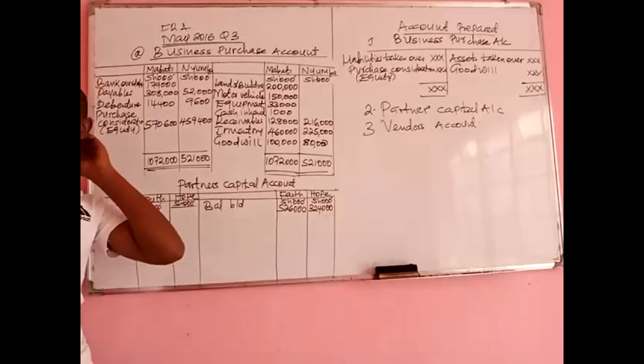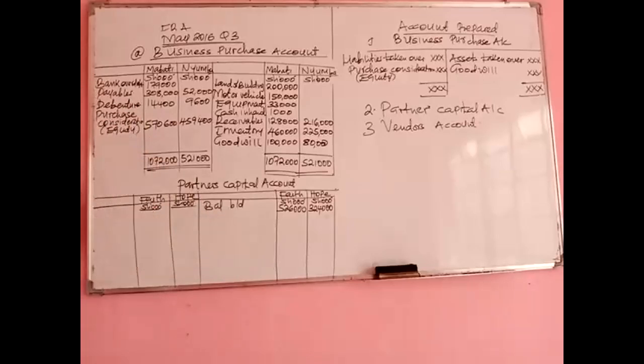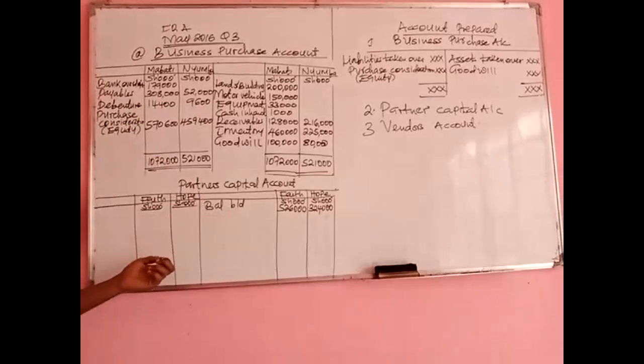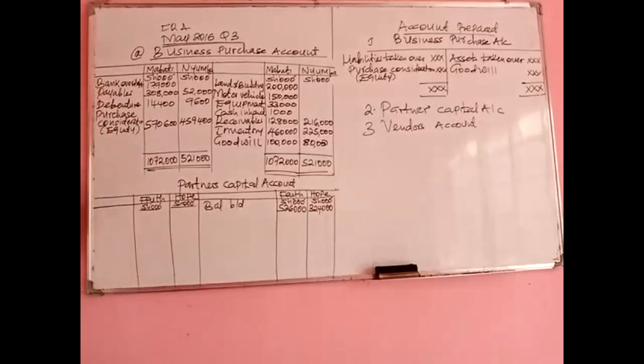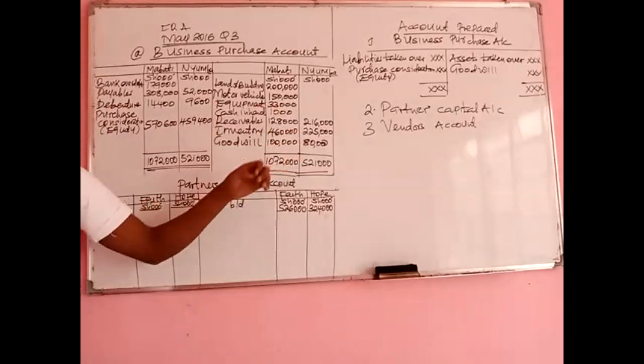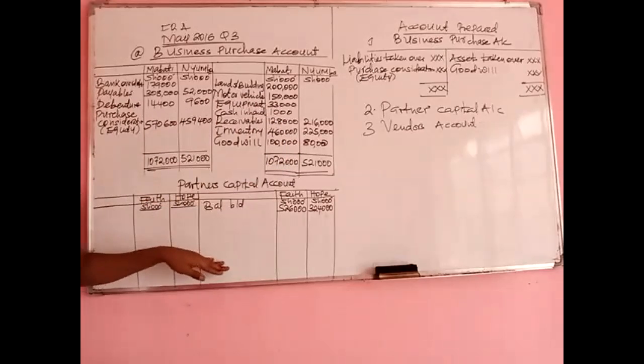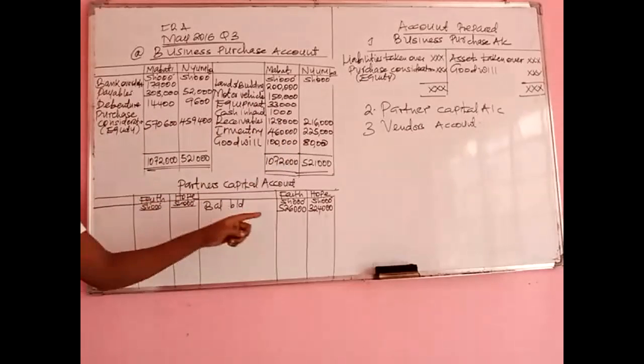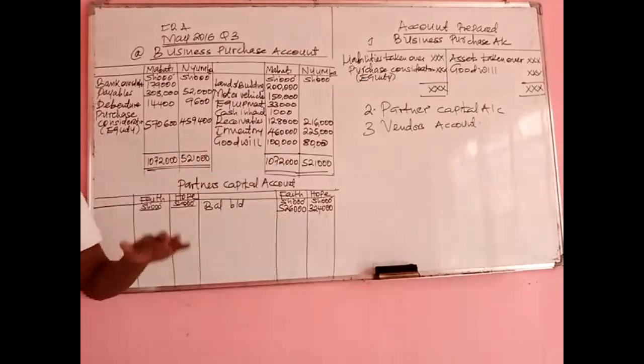Now, the purpose of preparing the capital account, after this business is converted into a limited company, is that we want to know what their balances will be. Are we together?